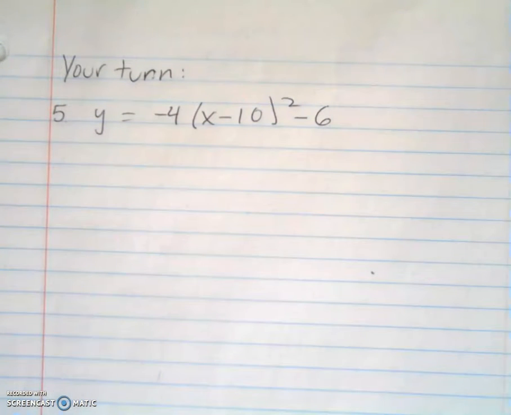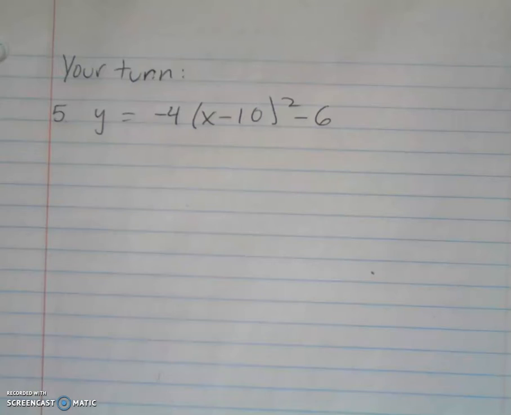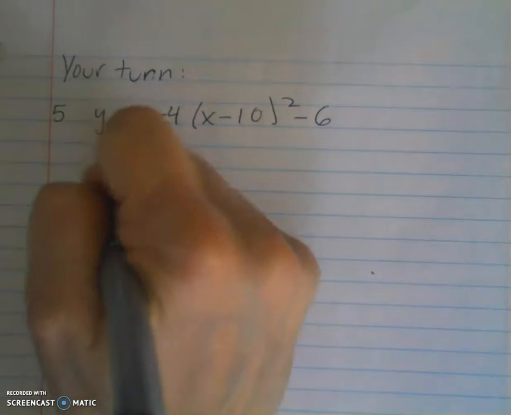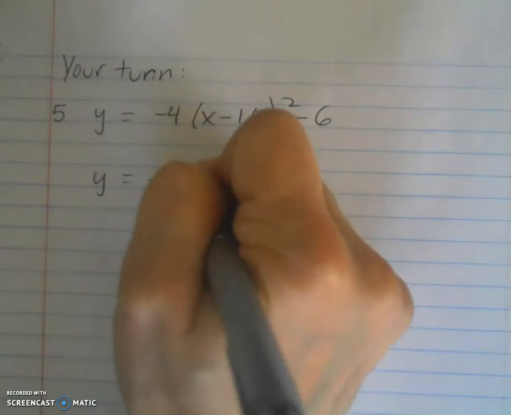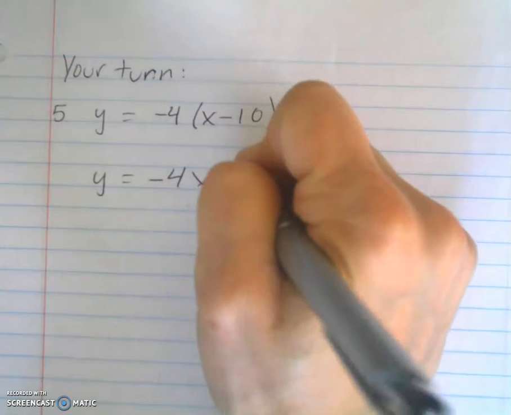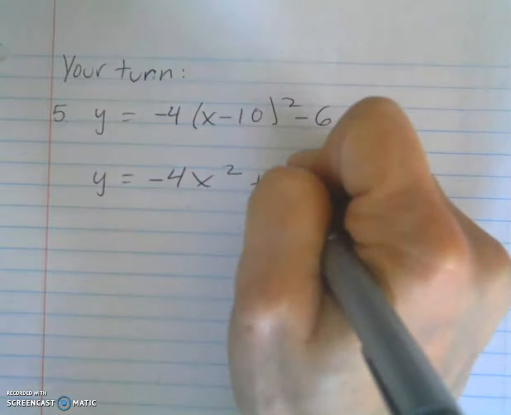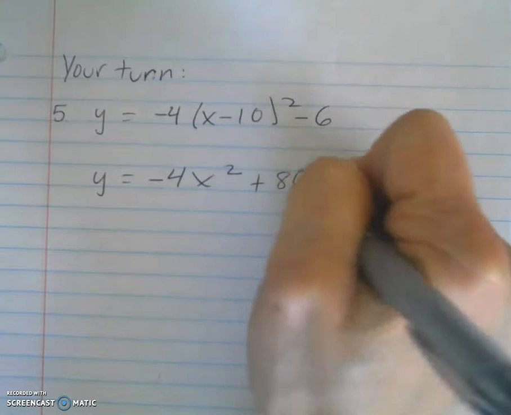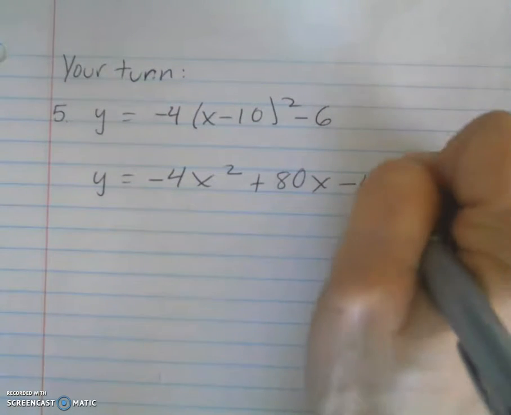Go ahead, pause the video and work it out, and then check your answer with me. Okay, so you should have gotten y equals negative 4x squared plus 80x minus 406.